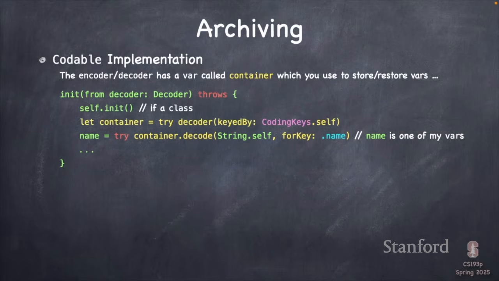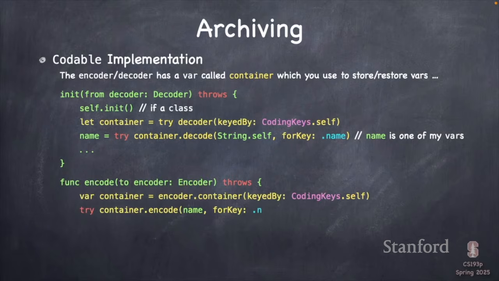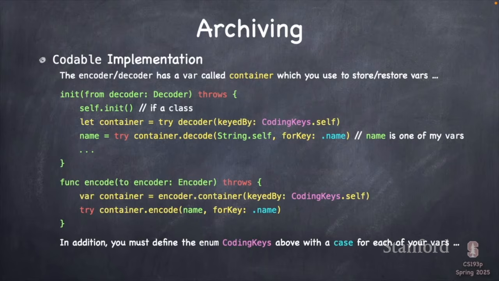You just do that for every one of your vars to decode. And encode is the exact opposite. You get the container, and for every var you say encode my var forKey .name or whatever, your CodingKeys entry. So this is what you're going to see when you ask AI to generate conformance. It's going to generate these two things, this init and this encode. And it's also going to spit out these CodingKeys.